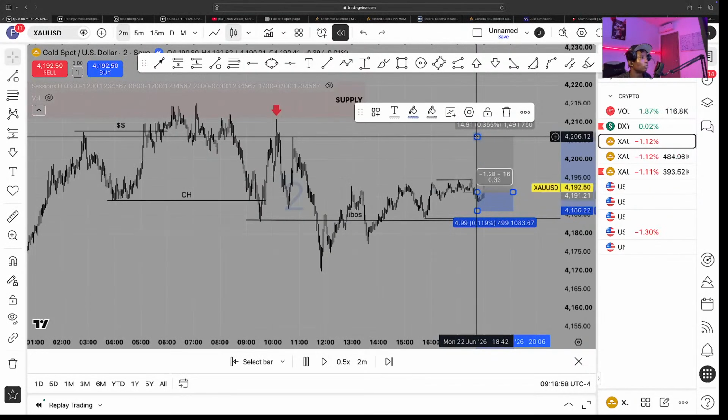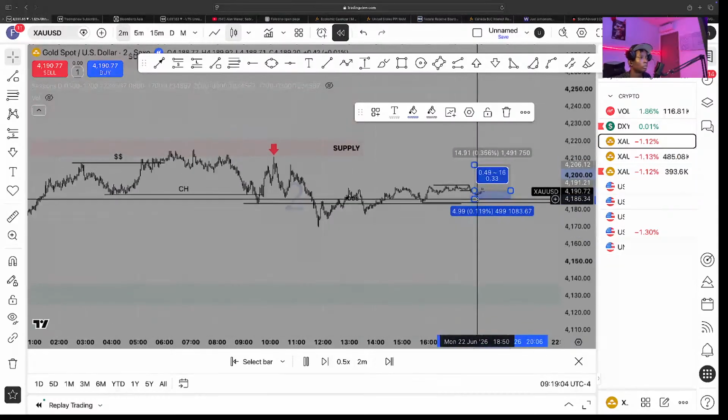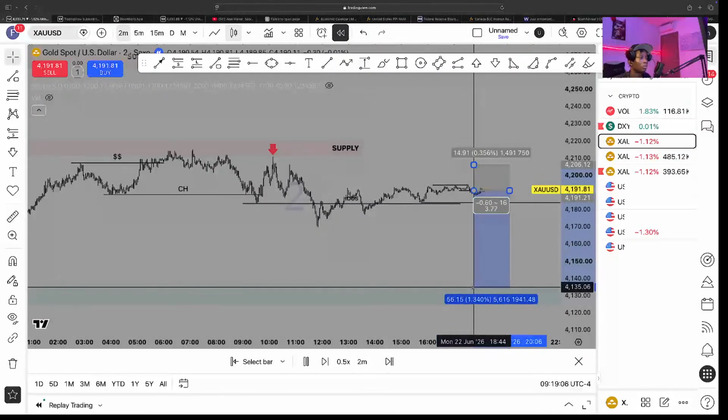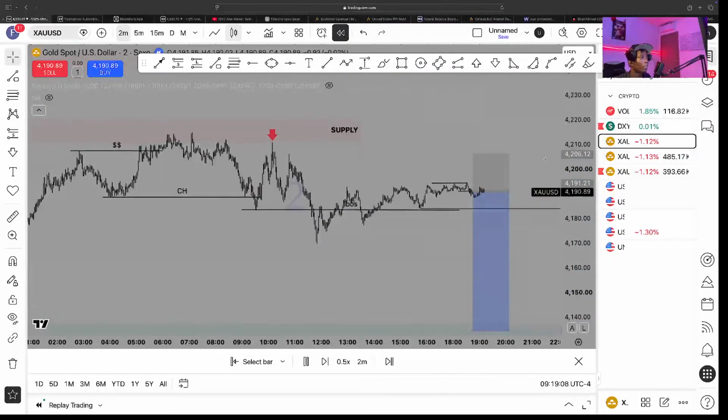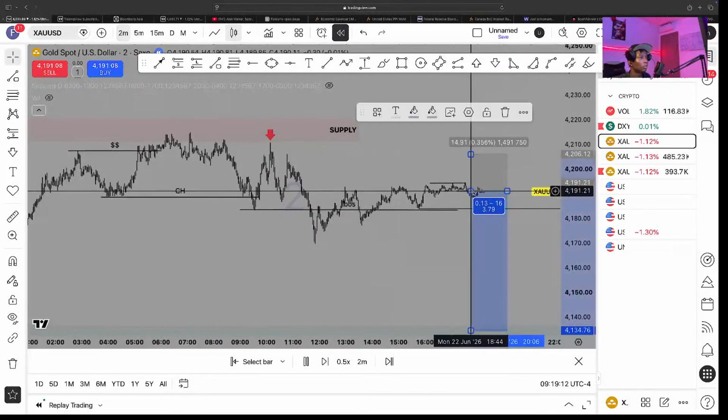The stop loss would have been so wide because we might be targeting this demand at 1:3. This is why I always place my stop loss, it's gonna be so wide.